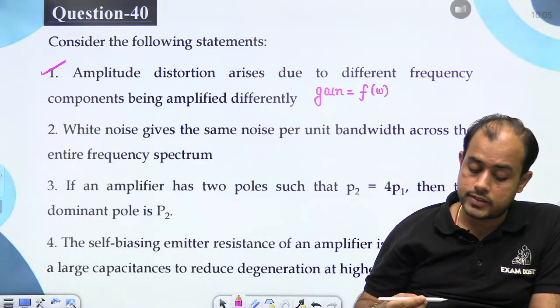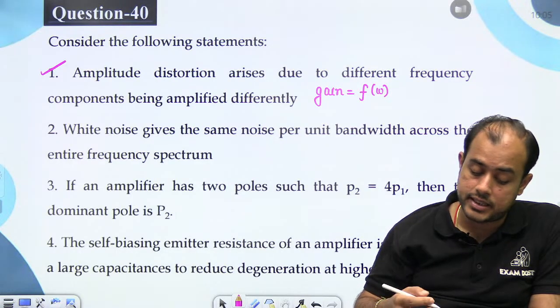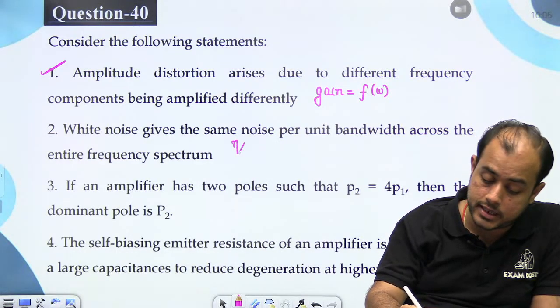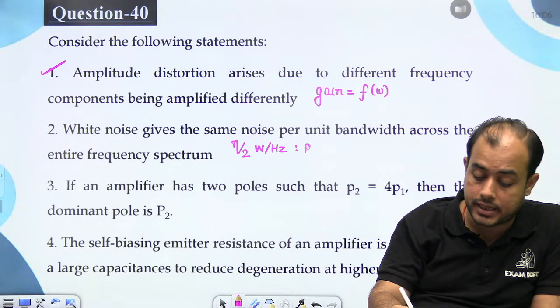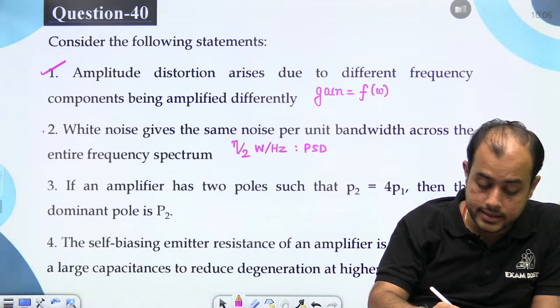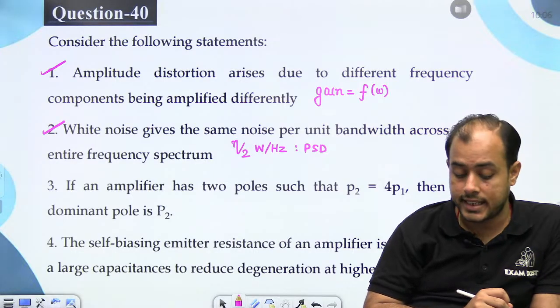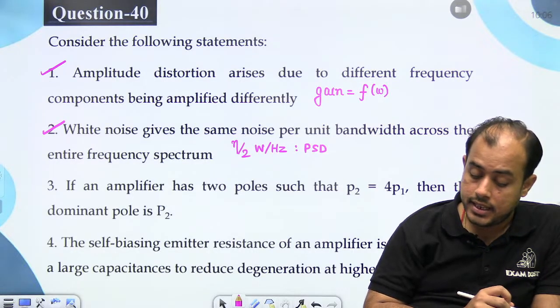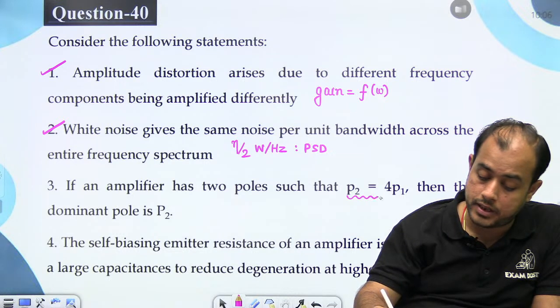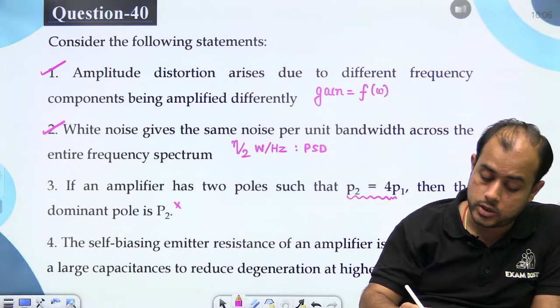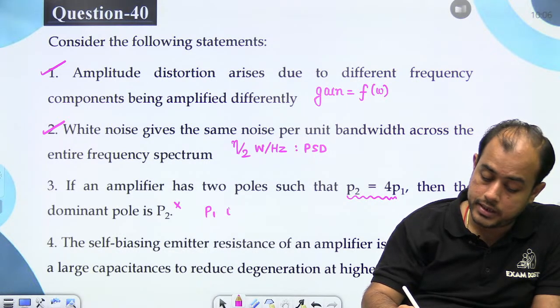White noise gives the same noise per unit bandwidth across the entire frequency spectrum. So white noise has this power spectral density. Yes, so it is constant at each frequency. If an amplifier has two poles such that P2 is 4 P1, the dominant pole is P2 or P1? P1 is dominant.